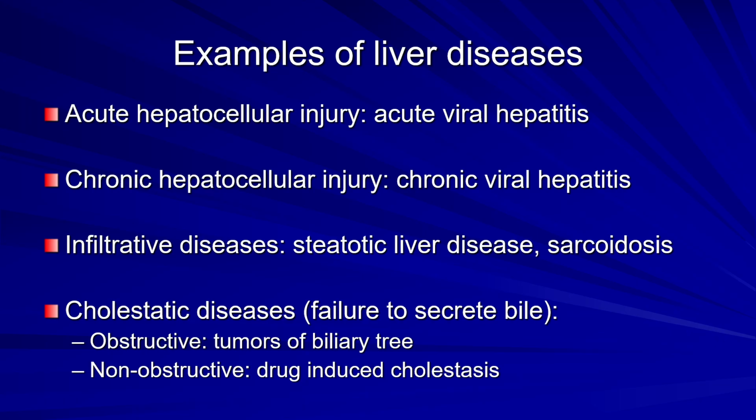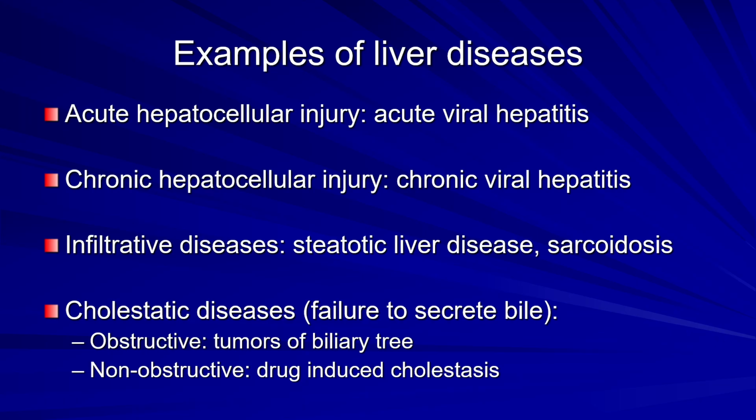We will discuss also infiltrative diseases. The most important one is steatotic liver disease. This is a very important one. The old name for steatotic liver disease, if you come across it, is non-alcoholic fatty liver disease. I just keep mentioning the old name because you might come across it and you need to recognize what that is. We will also cover some cholestatic diseases.